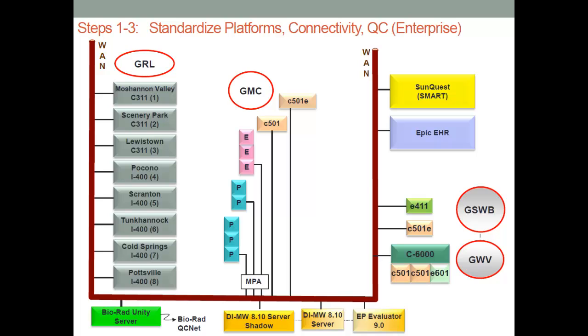The results then, after they go through DI, the QC information is parsed out and sent to the Bio-Rad Unity server, also up in our data center. So we're constantly, 24 hours a day, high volume, aggregating QC results on a Unity server, and it's that data that we use to generate the Sigma statistics.